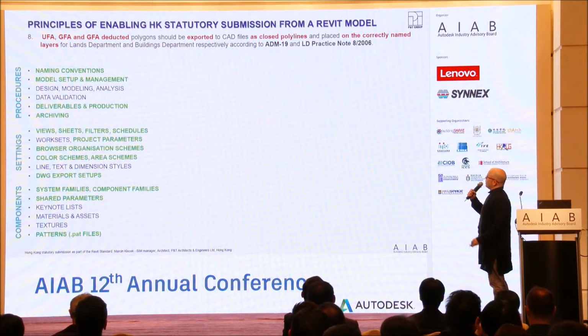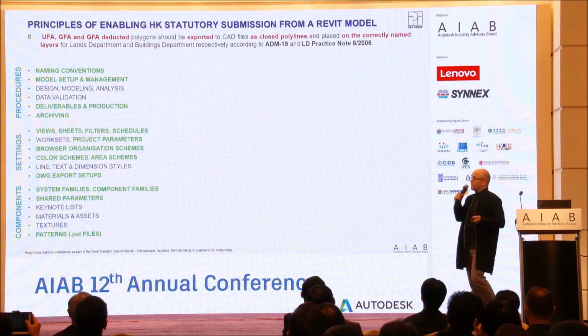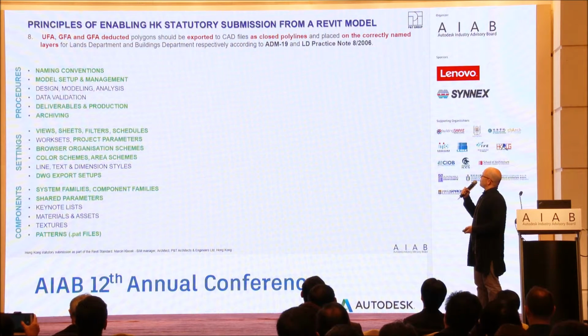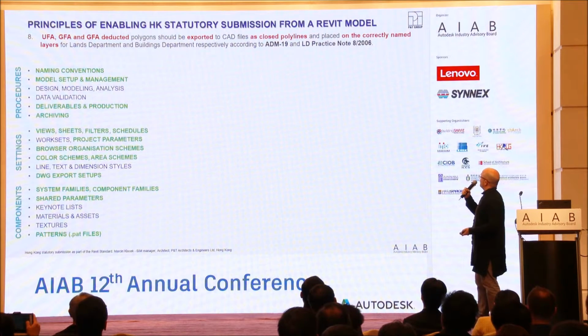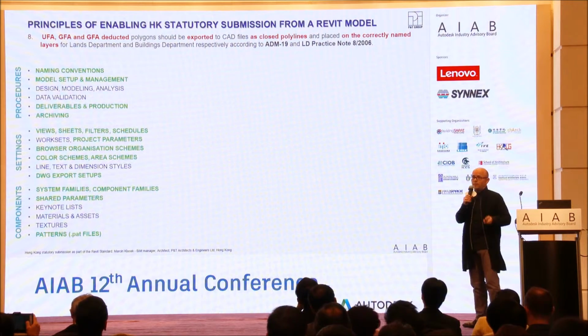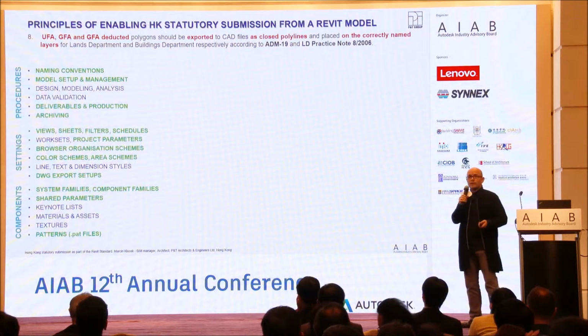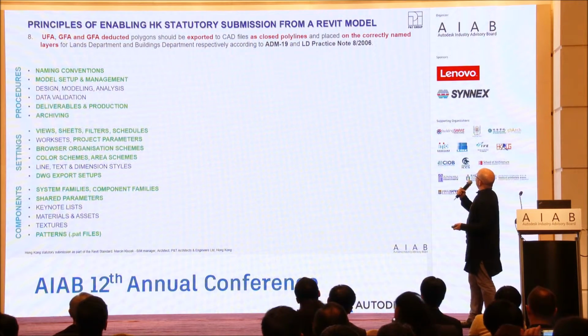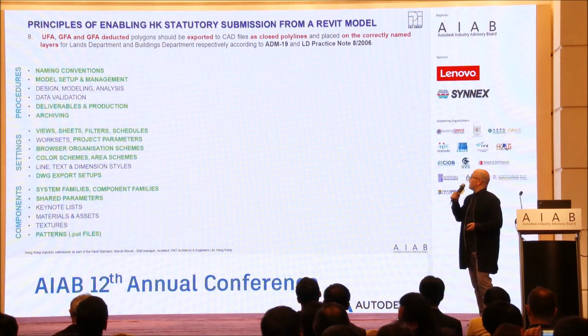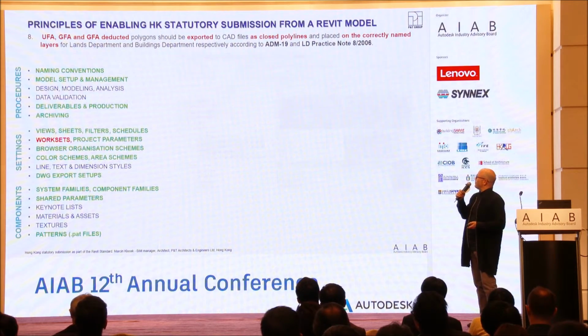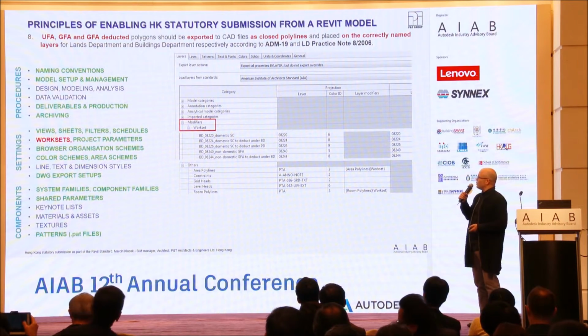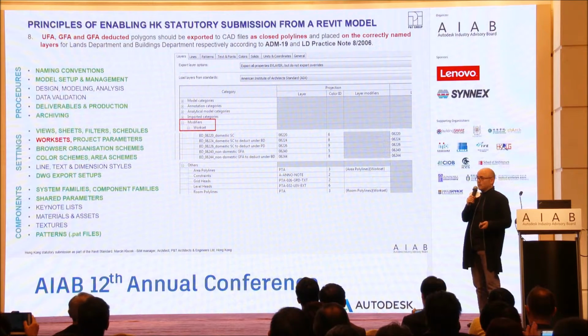All those polygons need to be exported to CAD files as closed polylines and placed on specifically named correct layers as per ADM 19 and LD practice note, whatever. For this purpose, we need to employ worksets, another functionality of Revit.